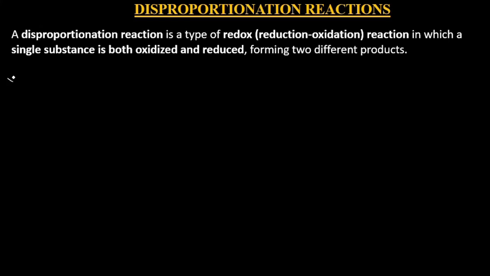So if you have chlorine plus an alkali, dilute alkali, you are going to have a disproportionation reaction. Now, one thing to take note of is that this reaction depends on the temperature.